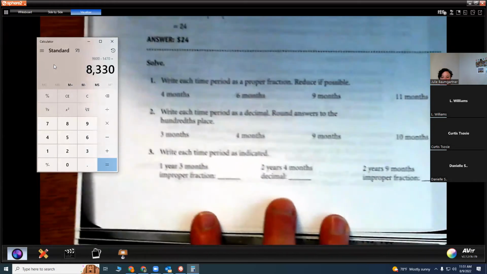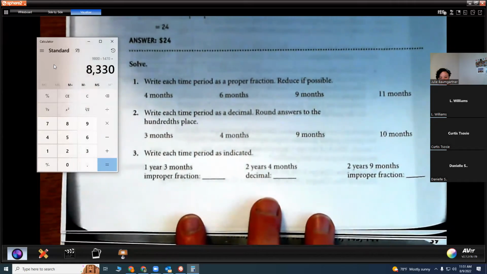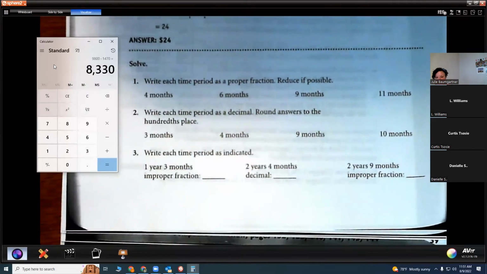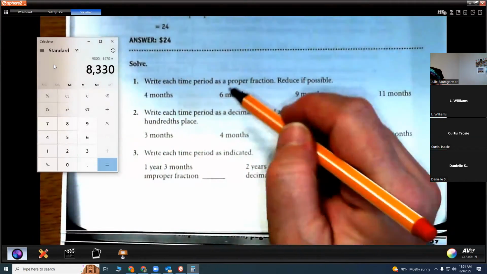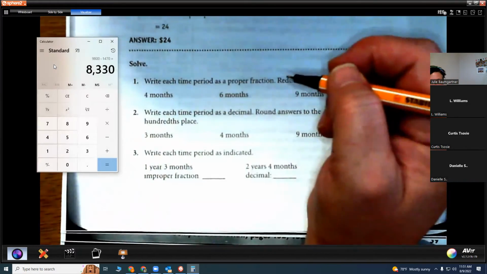So go ahead, and hopefully this makes sense. Write each time period as a proper fraction, reduce if possible.